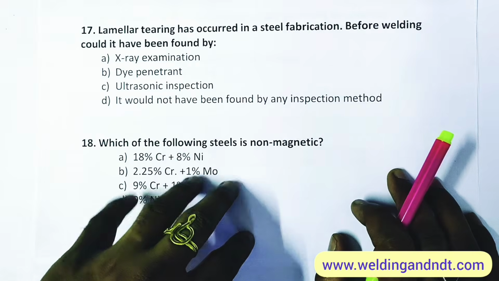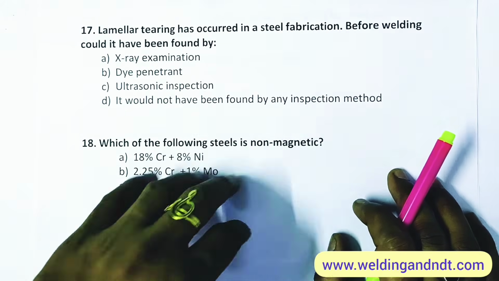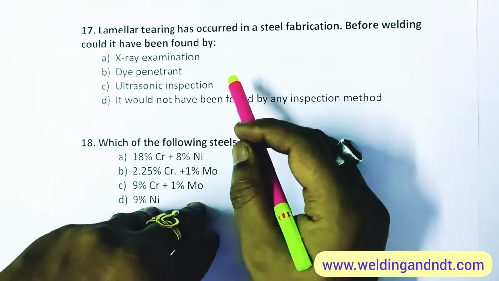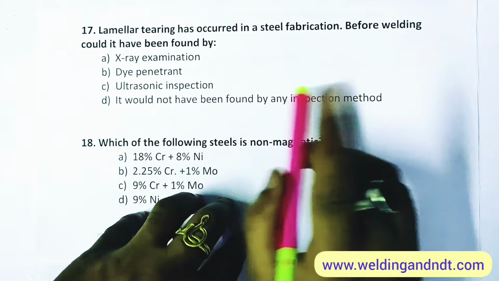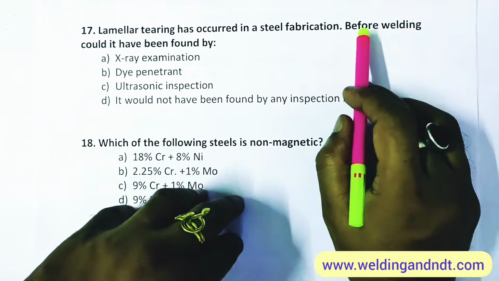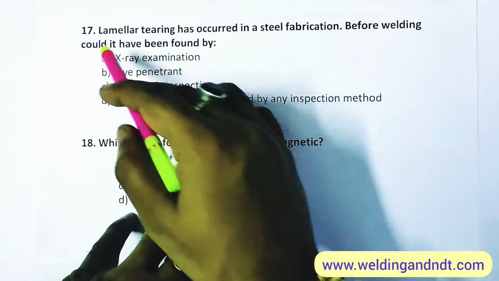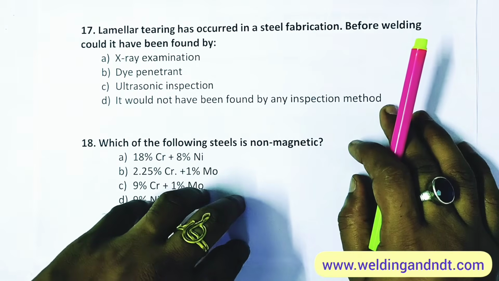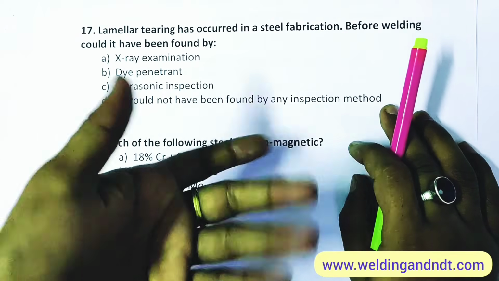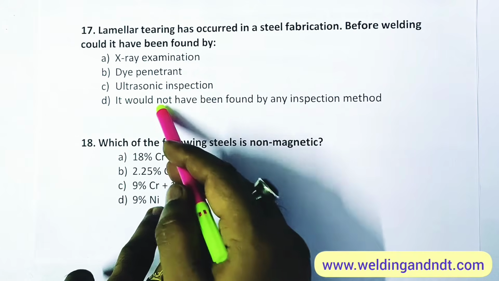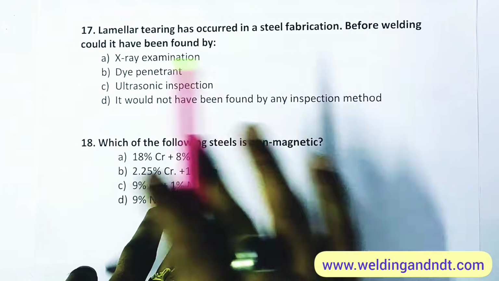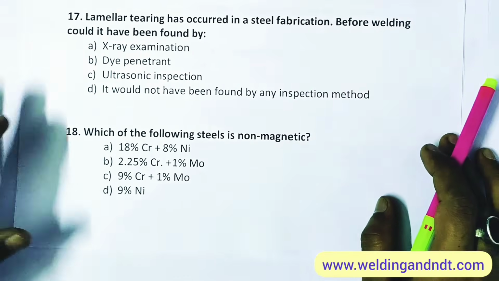So friends, before giving the answer, let me tell you that lamellar tearing occurs after welding, not before welding. But here the question is, before welding, could it have been found? Before welding there is no chance, hence the answer would be that it would not have been found by any inspection method. Answer is D.